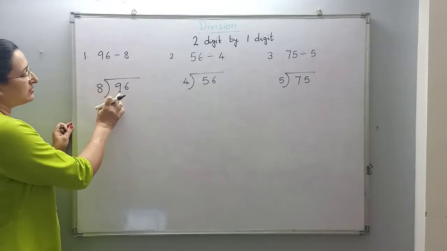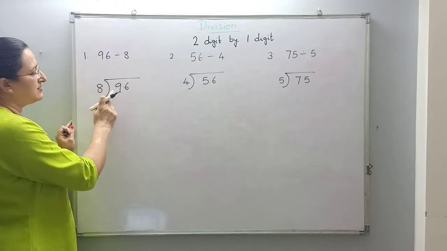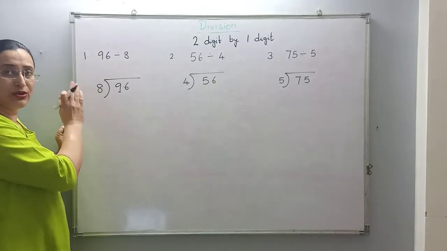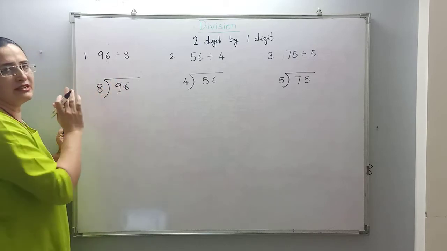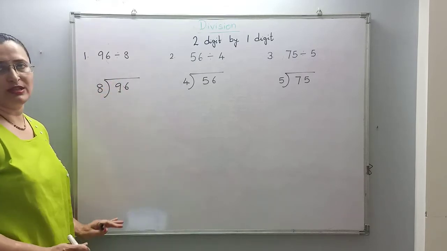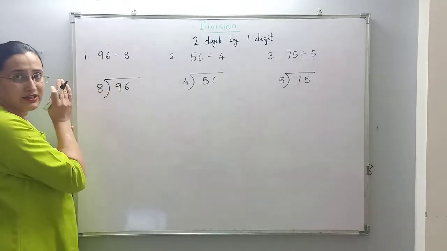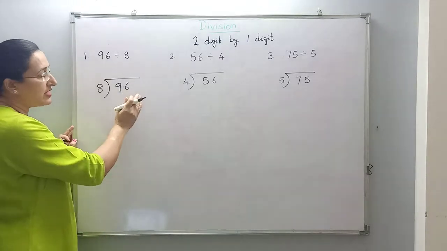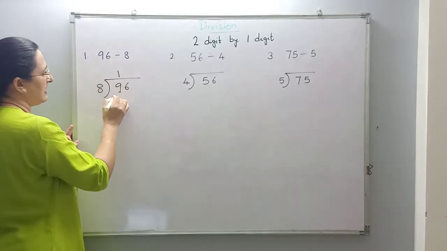So whenever the first digit of any sum is greater than or equal to the divisor, we have to divide the first number and then we go for the second digit. So first we are going to divide 9 as an individual number and then we are going to go for 6. So it is 8 1s are 8.